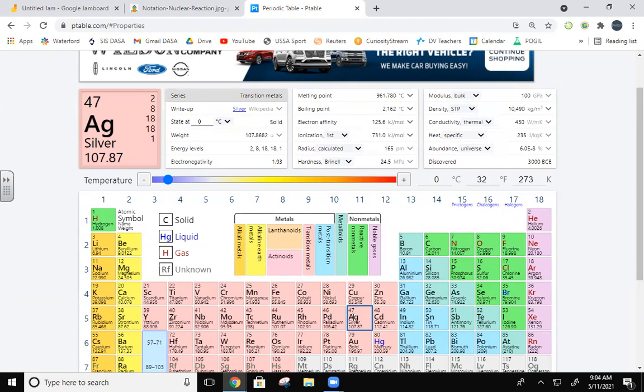Palladium, this is not a good business model. Palladium is actually way more valuable than silver. I love it. Switch it then. Well, what we could do is make the silver undergo beta decay again, and then do alpha decay back to palladium. This is sounding like some Nile mess.